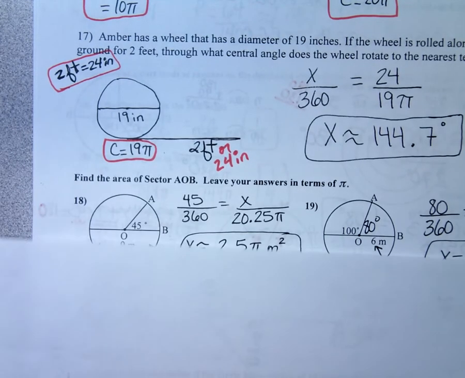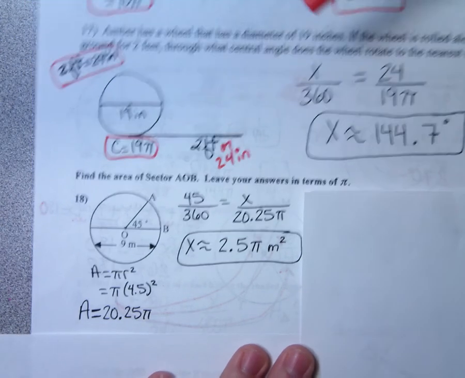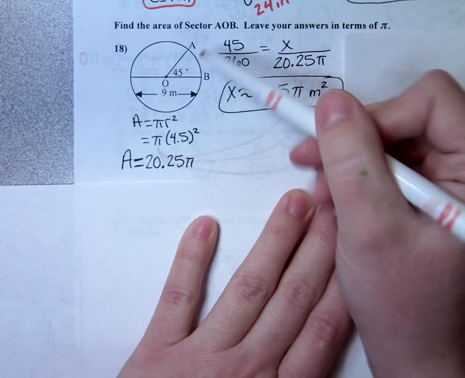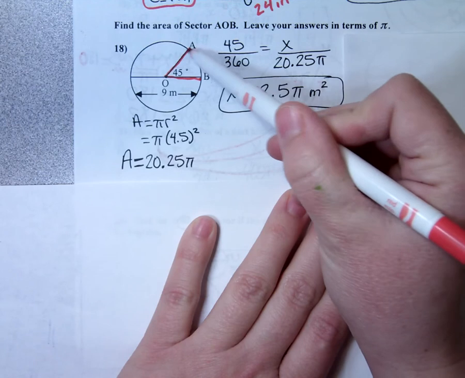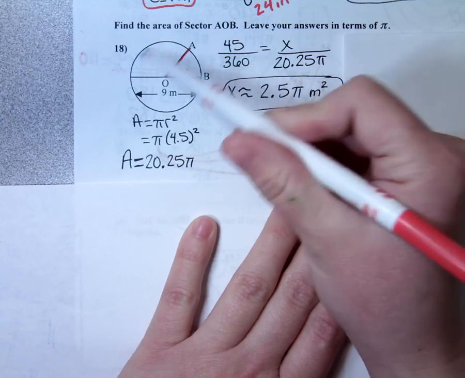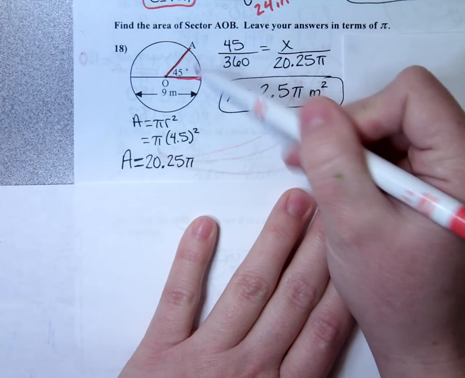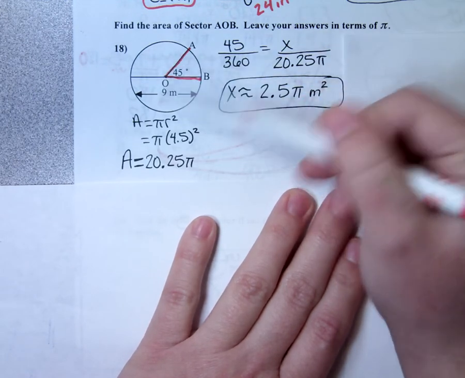Okay, getting into area of a sector. This is almost identical to arc length, except for we use area instead of circumference. Okay, so if I want to know the area of sector AOB, I take how many degrees that arc is out of how many degrees in a whole circle, 360. What's the area of this piece, x, out of the area of the whole circle?